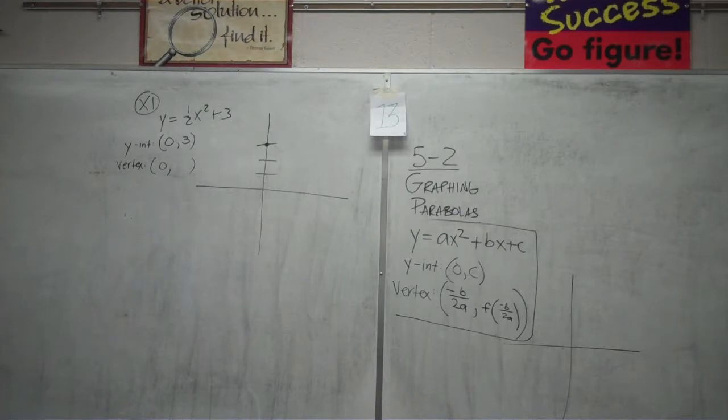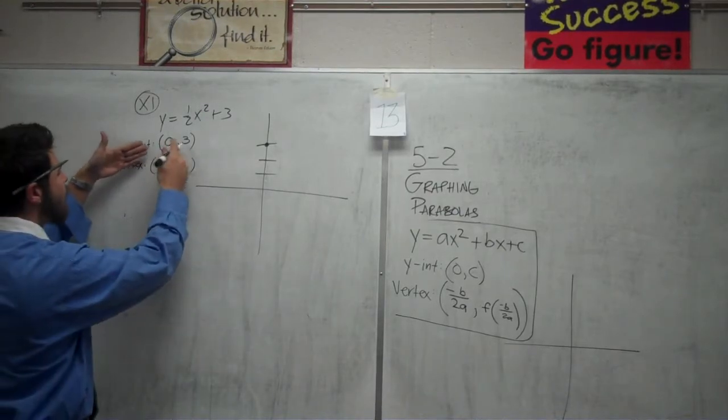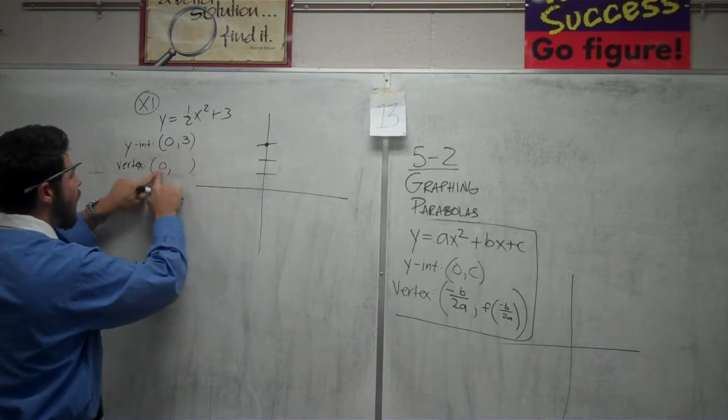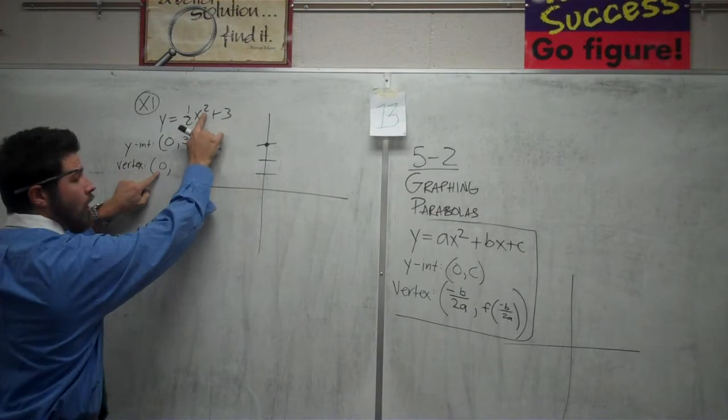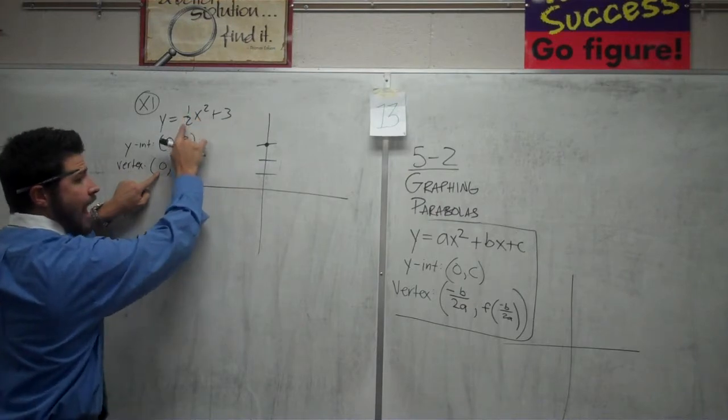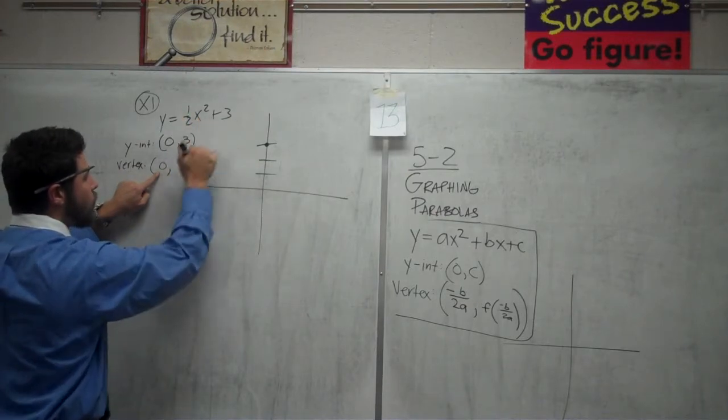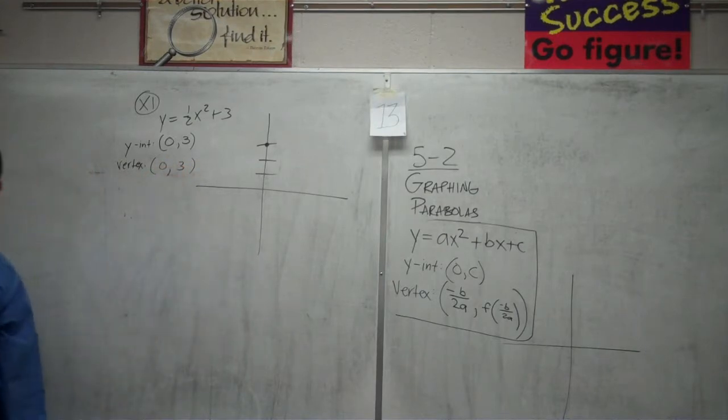So my vertex is going to be at 0, something. But I already have a 0, something. I have a 0, 3. And to find out what this value is, let me just take 0 and plug it in. 0 squared is 0, and 0 times 1/2 is 0, and 0 plus 3 is just 3.